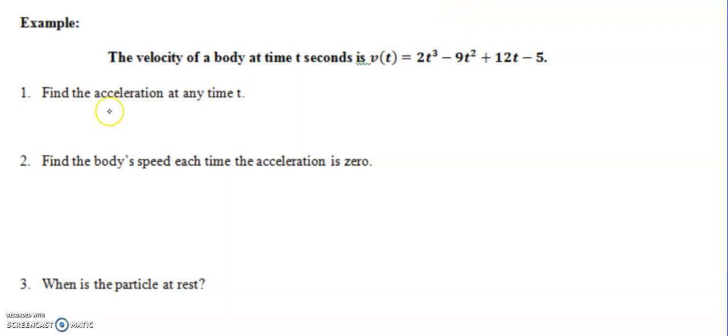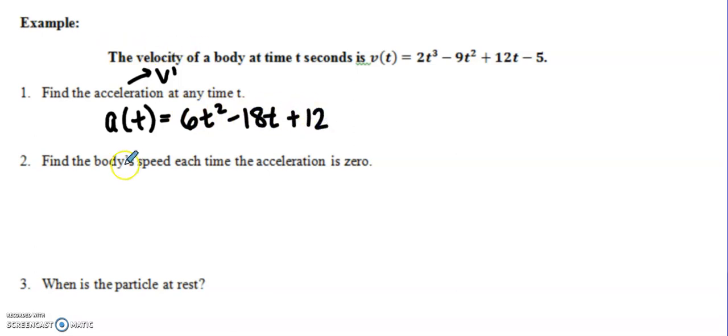All right, the velocity of a body at time t is given here. Find the acceleration. Well, the acceleration is the same thing as v prime. So 6t squared minus 18t plus 12. Find the body's speed. So I want to find the absolute value of velocity every time acceleration is 0. Well, I'm going to start by setting my acceleration equal to 0.